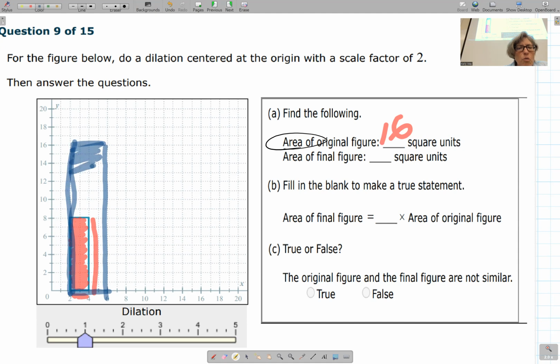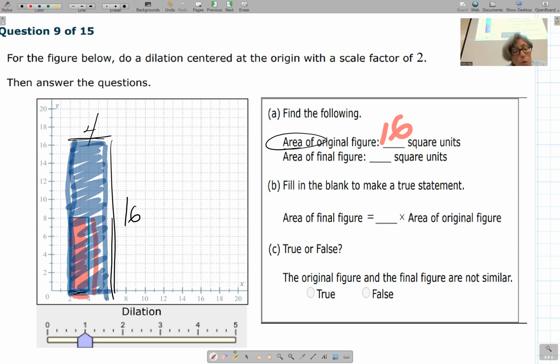And if you count these squares here, we know that if this edge was 8, this whole edge is 16. If this edge was 2, this edge is 4. So 4 times 16 is going to be 48 square units.